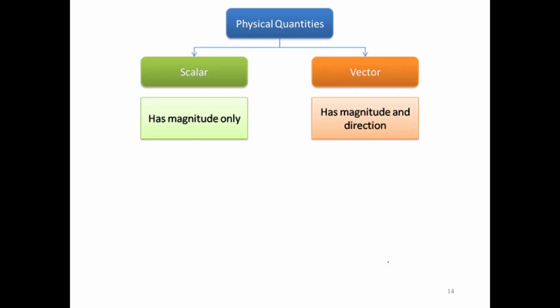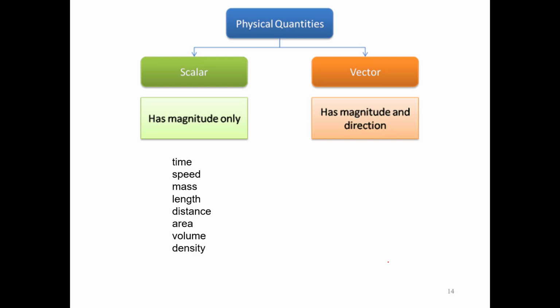Let's review: in physics, we have two different quantities. One is the scalar quantity, the other is the vector quantity. When we are talking about a scalar quantity, we are talking just about the magnitude, the number plus the unit. When we are talking about a vector, we need the magnitude, number plus unit, and the direction.